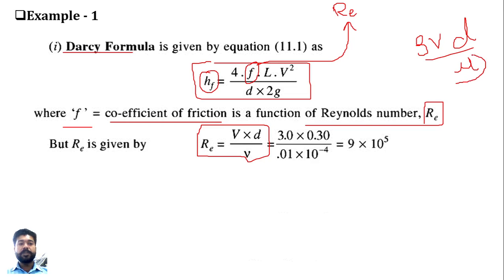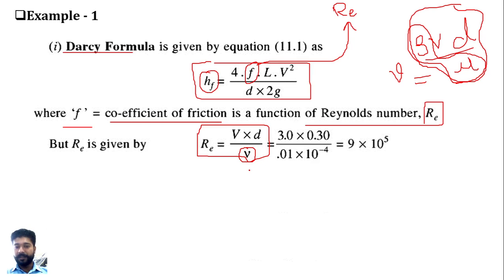But the ratio of mu divided by rho equals the kinematic viscosity, small v. So mu divided by rho is replaced by small v, our kinematic viscosity.